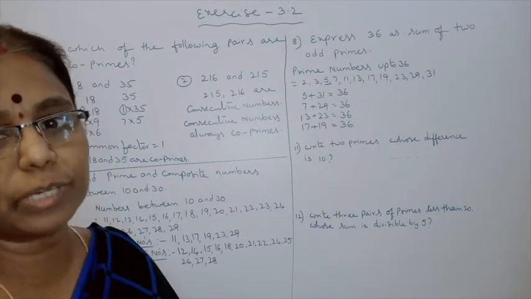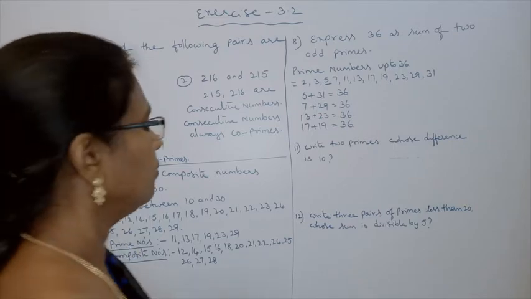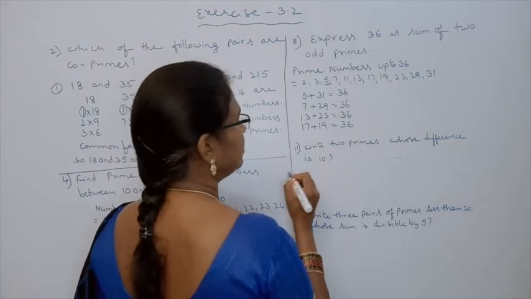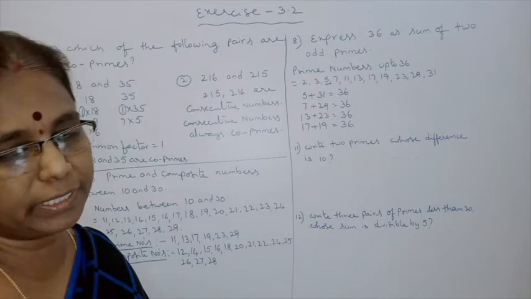Next, write two primes whose difference is 10. First we have to write primes up to 100. Between 1 to 100, how many primes? 25 primes.